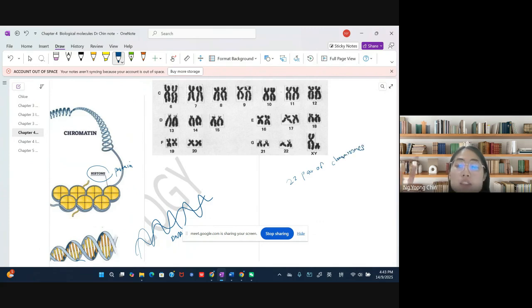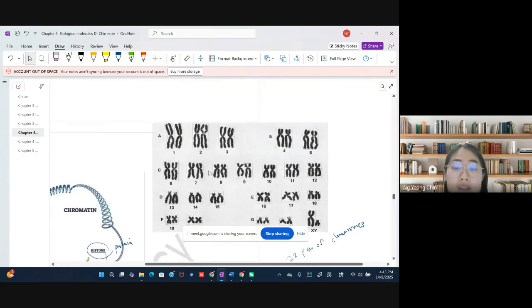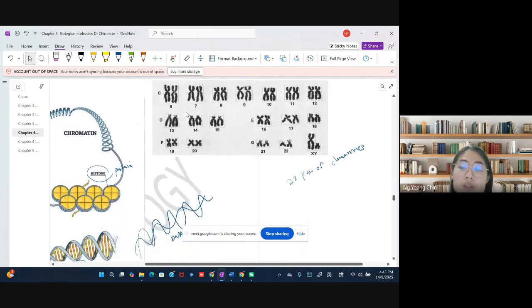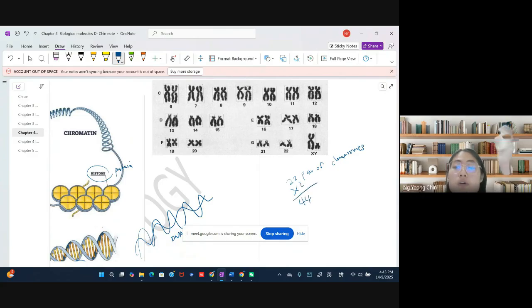So what happens is this 22 pairs of chromosomes, right? If you multiply by 2, because every chromosome, right, has a pair, so you need to times 2, become what? 44. 44 chromosomes. Okay, so this 44 chromosomes, right, you add up with the 6 chromosomes.